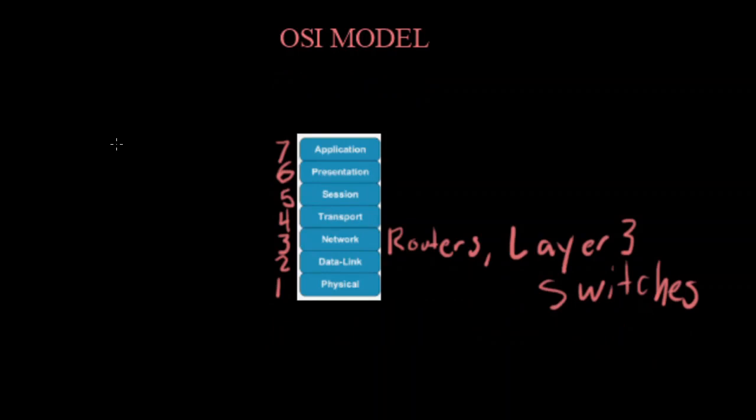Now, the protocols that operate on layer 3 are IP, ARP, and we also have ICMP, and the last one is IPsec.